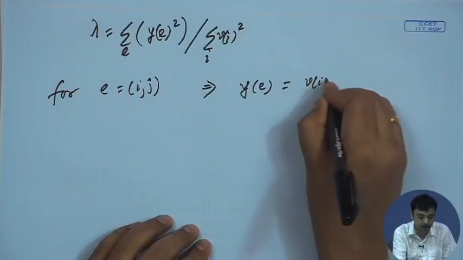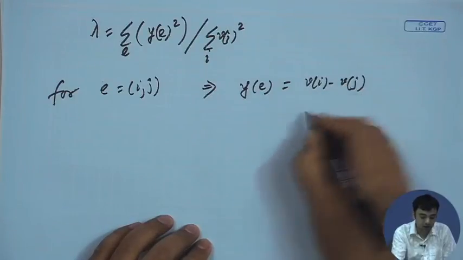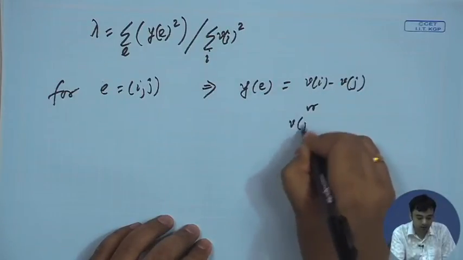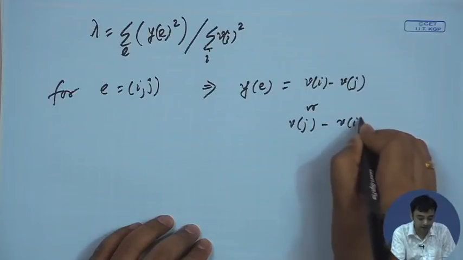The V vector is nothing but V1, V2, V3 up to Vn, all the individual entries for each individual node, and the incidence matrix is nothing but a +1 for one end of the edge and a -1 for the other end. So, you have Vi into +1, then Vj, the other end, will have a -1. So, it is either Vi minus Vj or the opposite, Vj minus Vi.